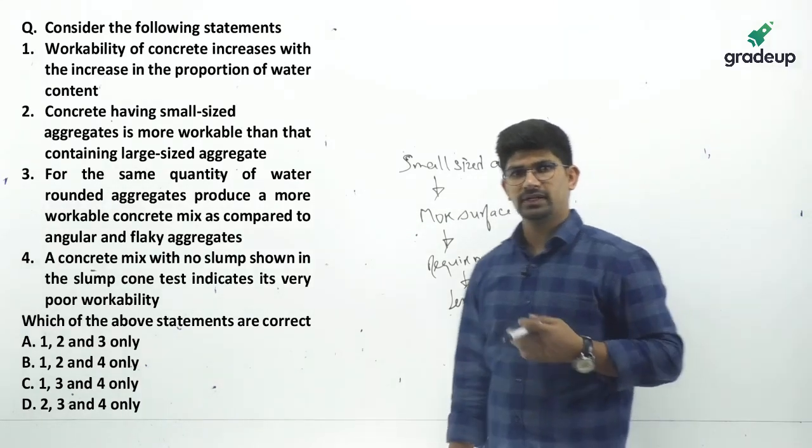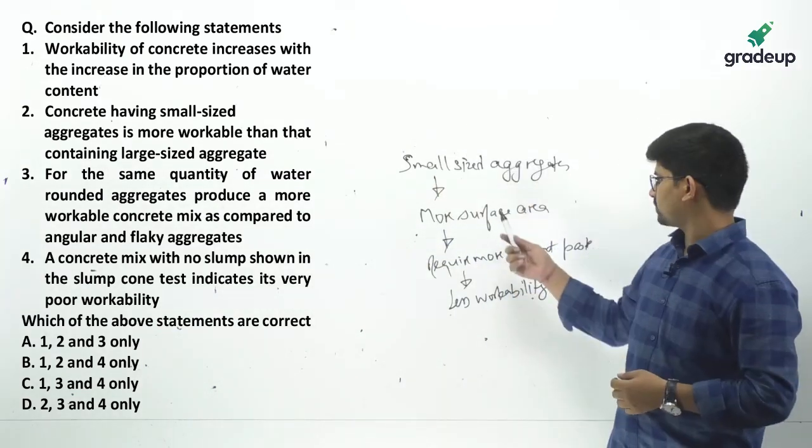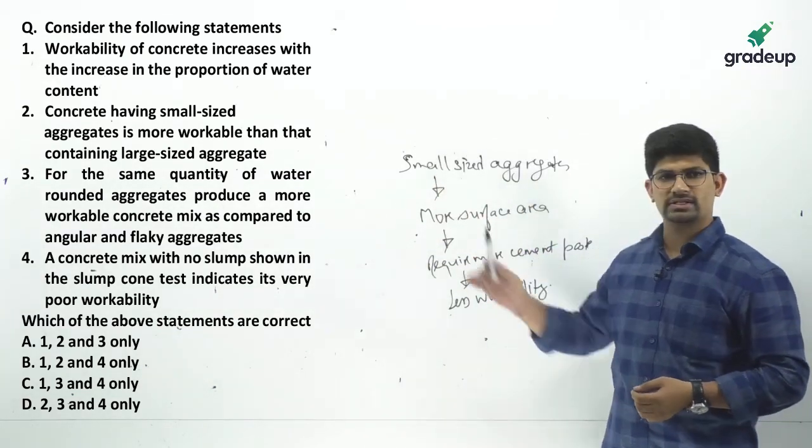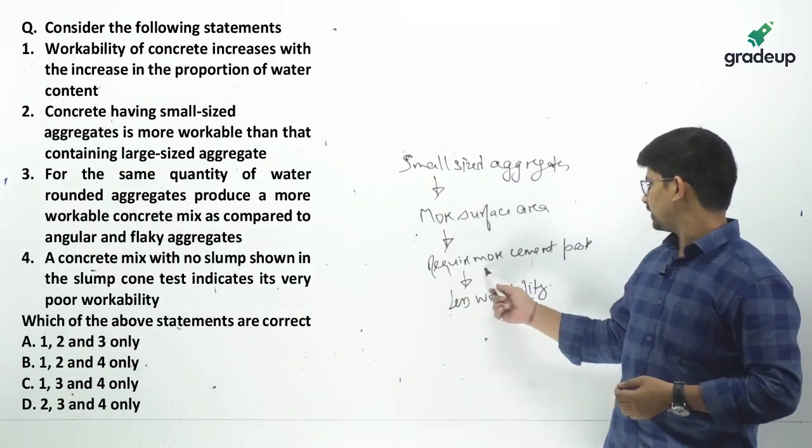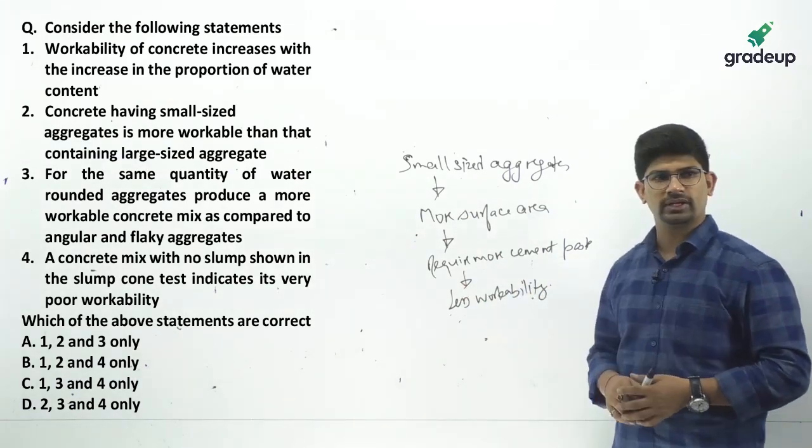Okay, so this statement is incorrect. Statement 2 is incorrect because small size aggregate has more surface area than large size aggregate, so it requires more cement paste and gives less workability.